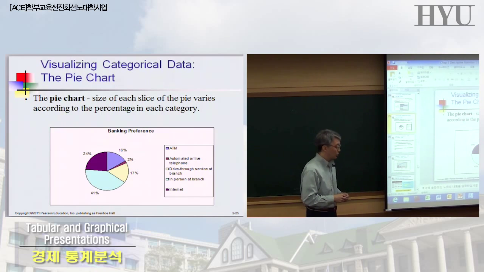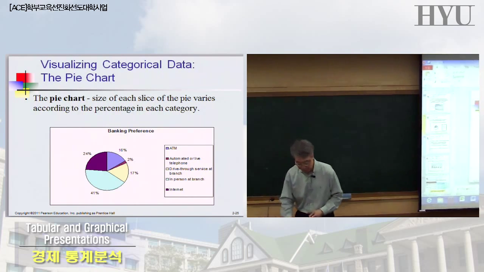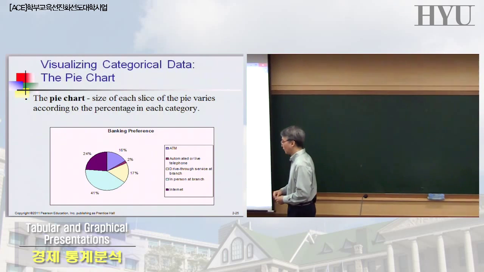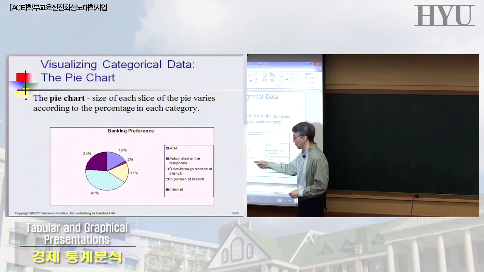How would you construct this pie chart? You have these numbers from the summary table: 16%, 2%, 7%, and so on.